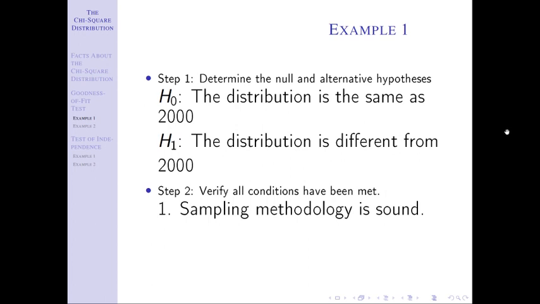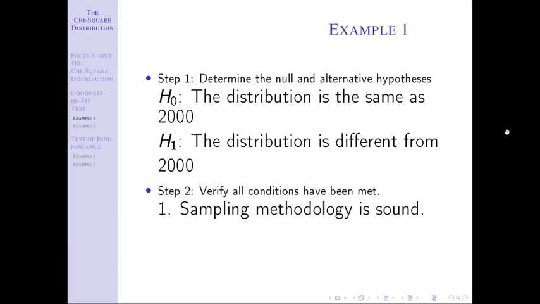Now we need to work through all of our expected counts. The expected counts are going to be needed for the test statistic and for the assumptions. Okay, so we're needing them for both. Again, for the expectations, I take the sample size. The sample size is 1,000. Multiply that by the probability in each group.